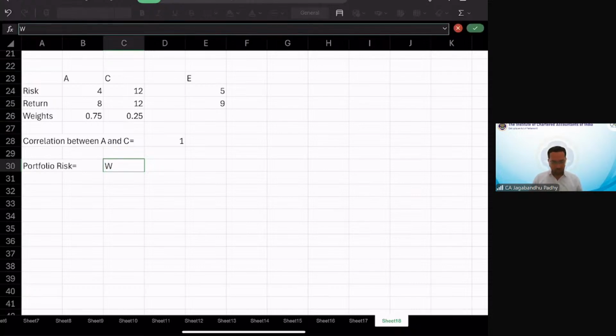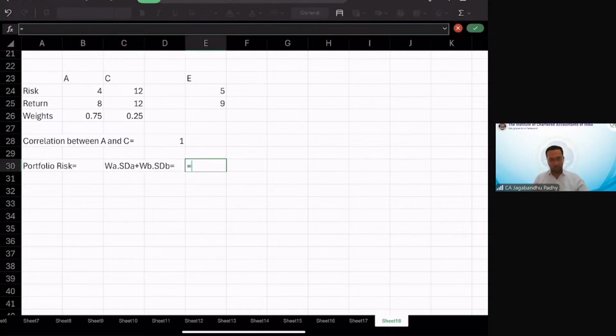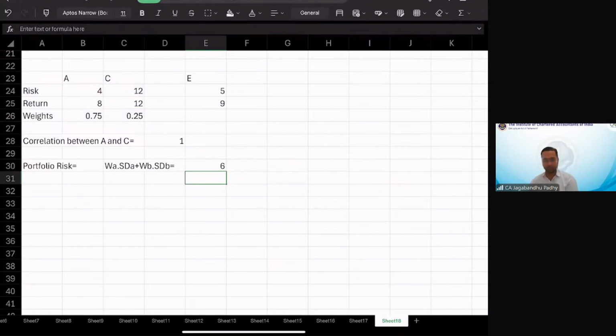So it is weight of A multiplied by standard deviation of A plus weight of C into standard deviation of C. That is 6. Portfolio risk turns out to be 6. Let's look at what is the portfolio return.